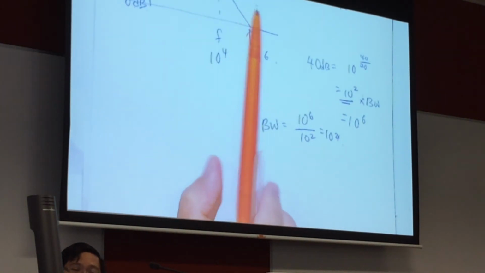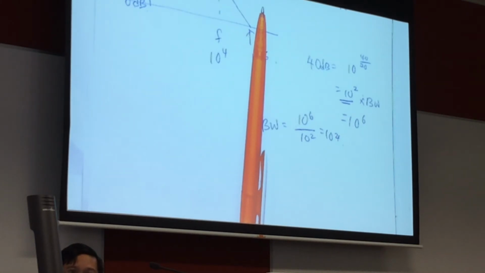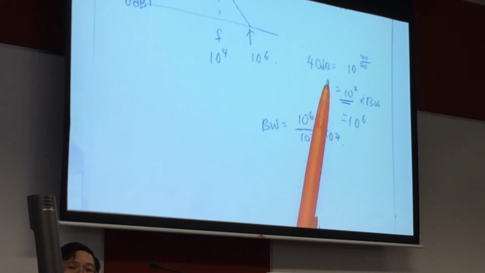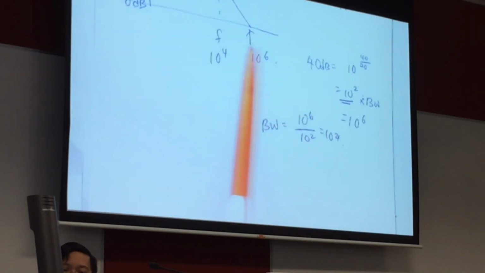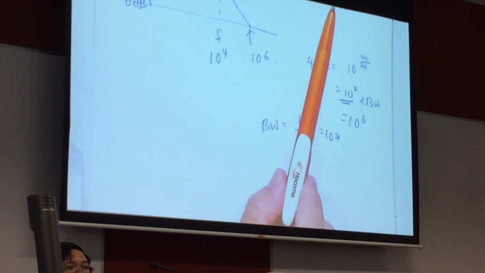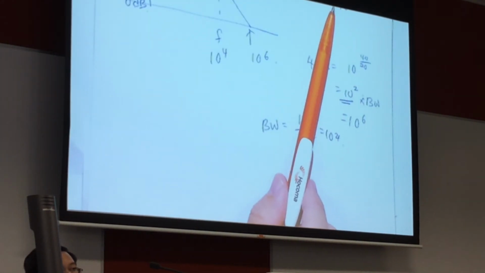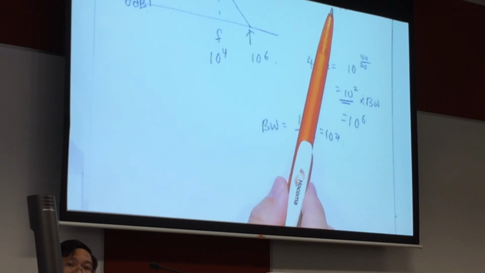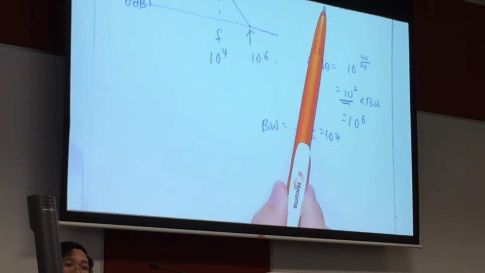The bigger your gain, the lower your possible use of band because of the gain bandwidth product. So the useful bandwidth will be adjusted according to the gain of your amplifier. Is that clear?